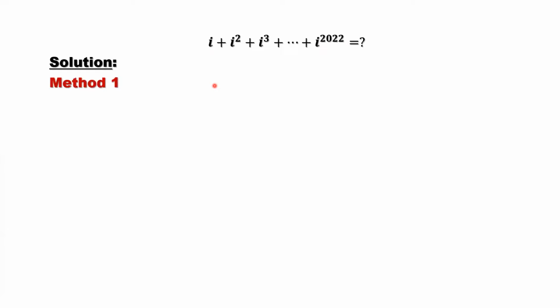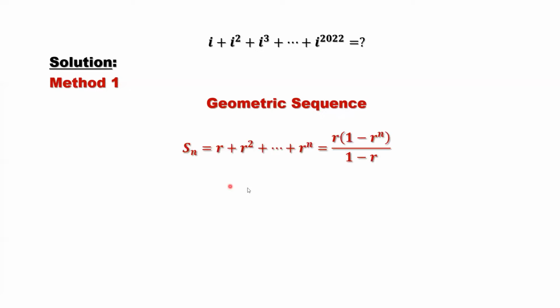So the first method is to use the geometric sequence sum formula. We can plug in all the information from the given condition here, n equals 2022.